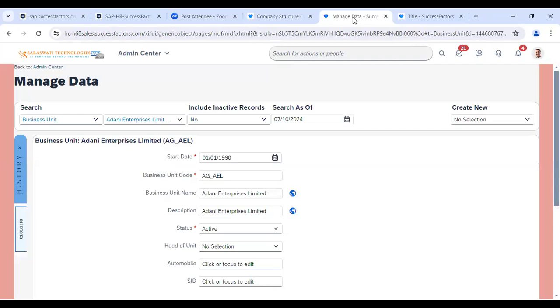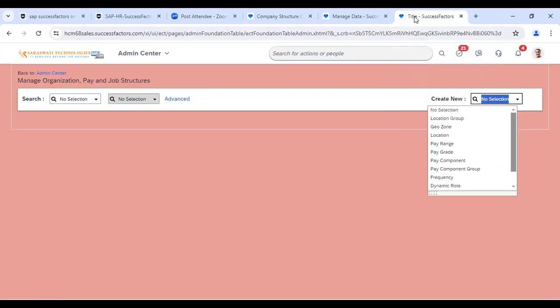What is the difference between managed data and managed job pay structure? I just told you. Maybe someone can tell me again about this? If somebody can repeat this part, because I want to know from your side how much you are consuming from my side.